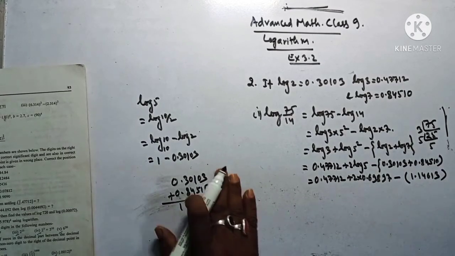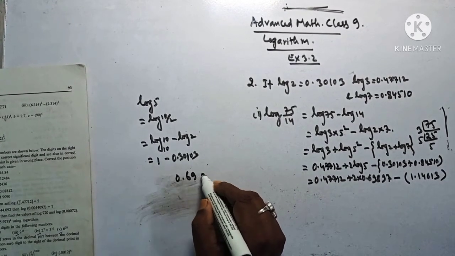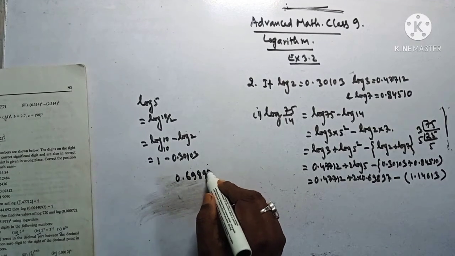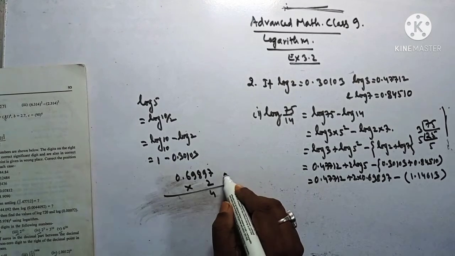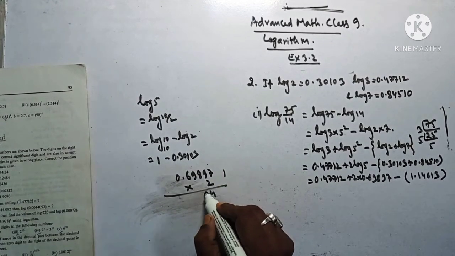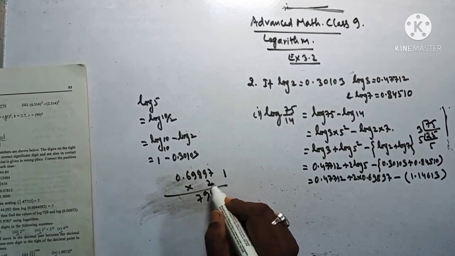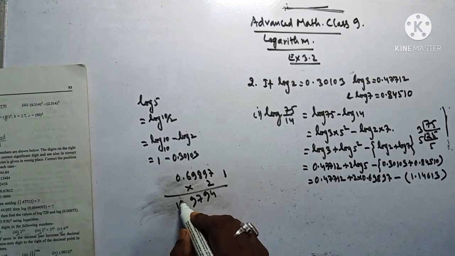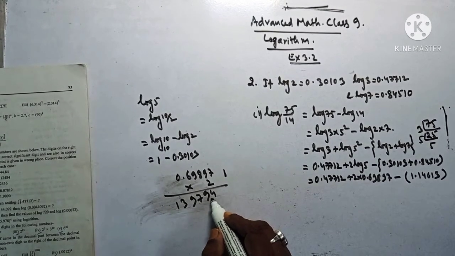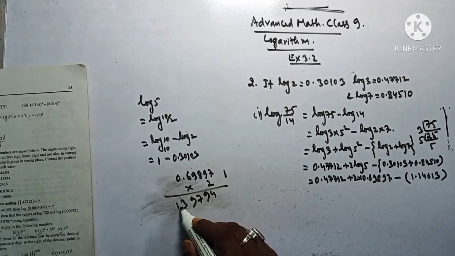Now 0.69897 into 2, this will be 1.39794.